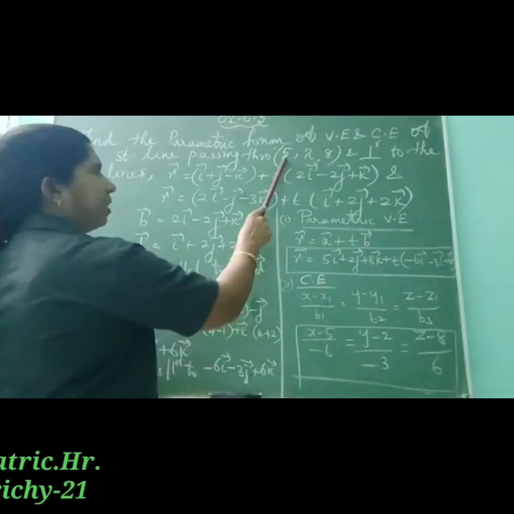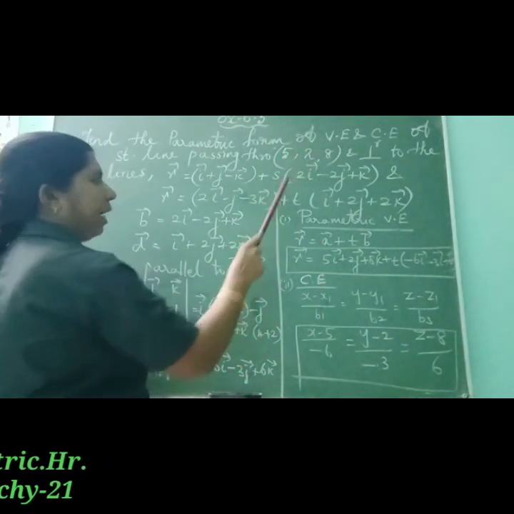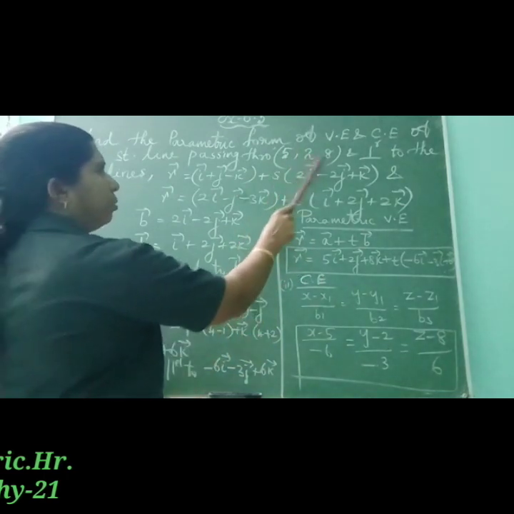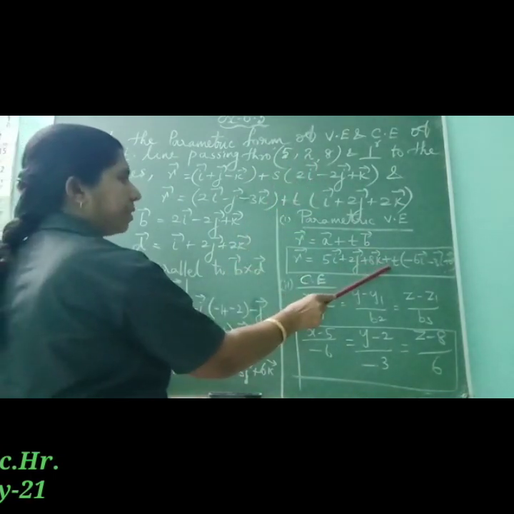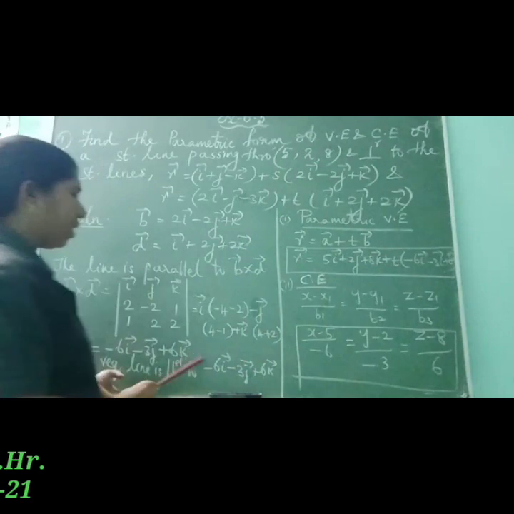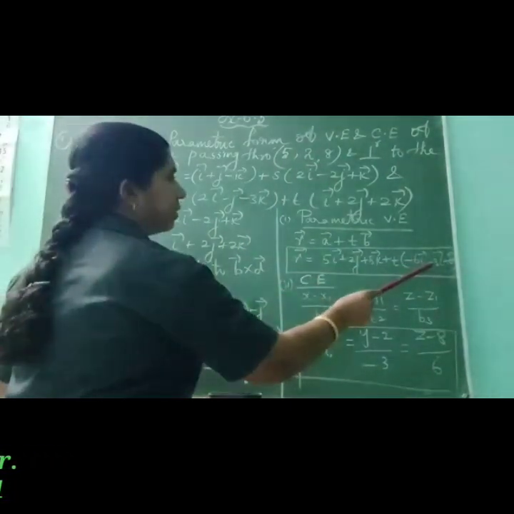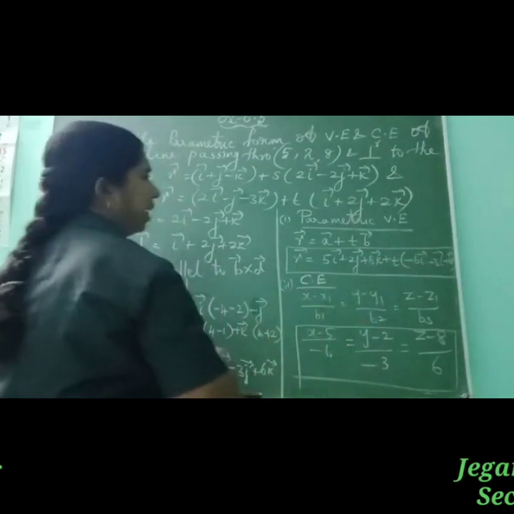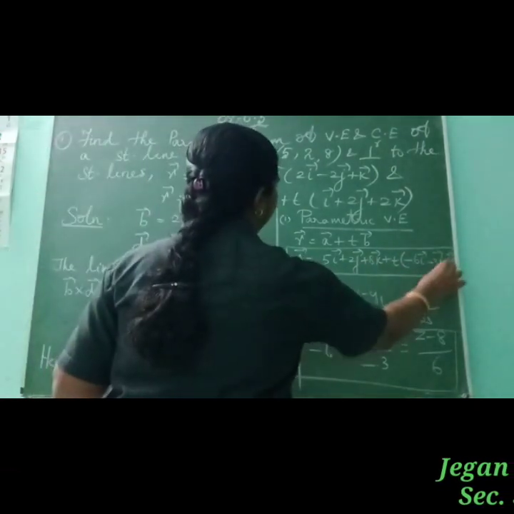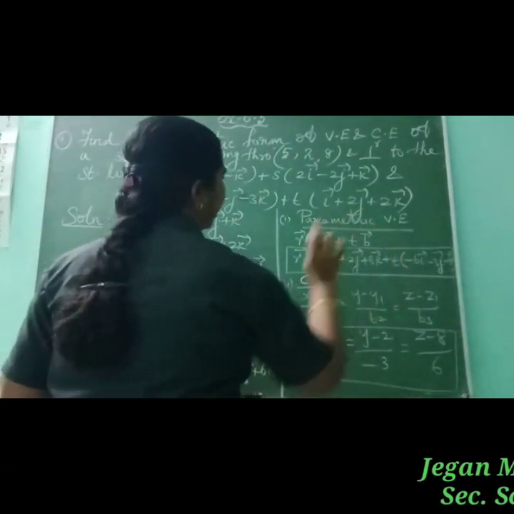The point A is given as 5, 2, 8. So a vector is 5i plus 2j plus 8k plus t into b vector, the answer we found for b cross d, so minus 6i minus 3j plus 6k. This is the parametric vector equation.